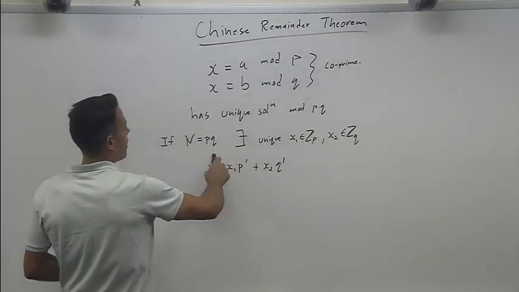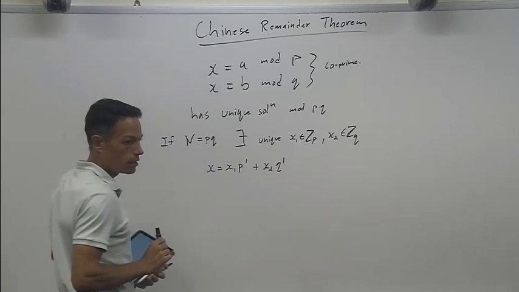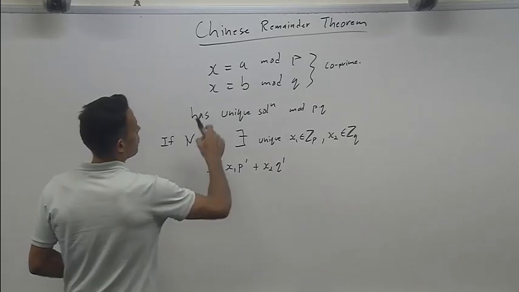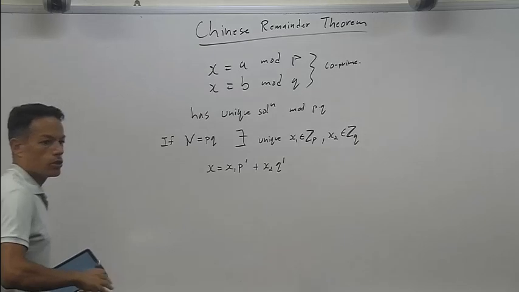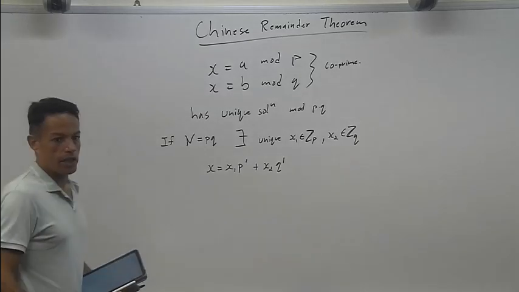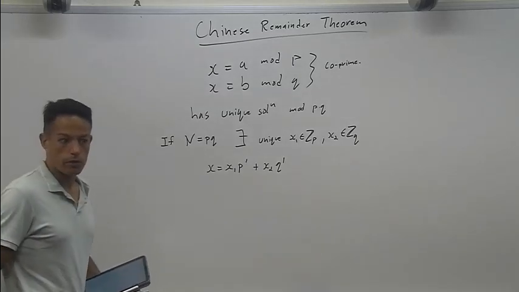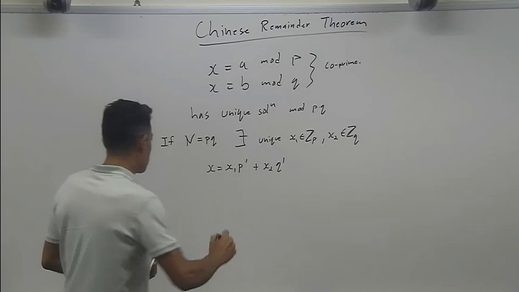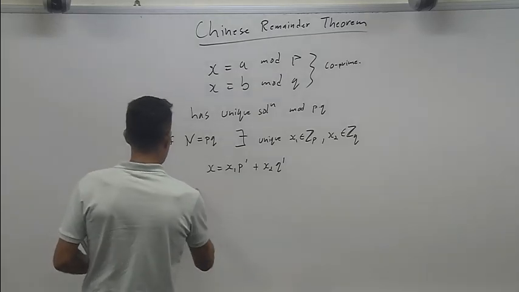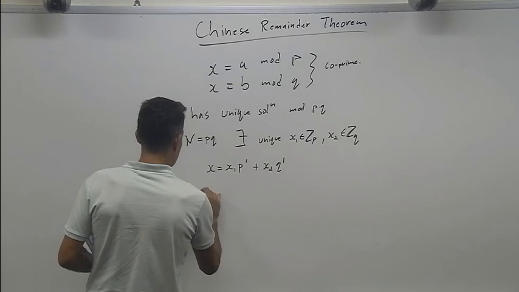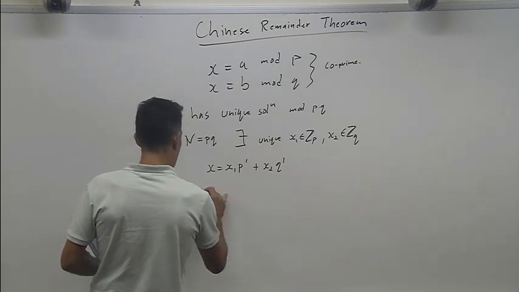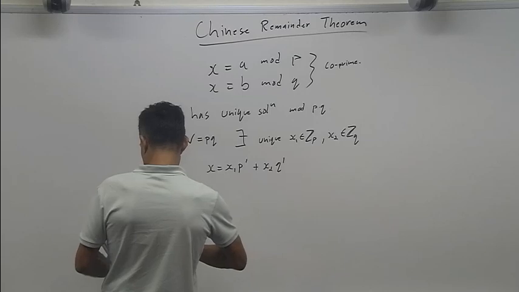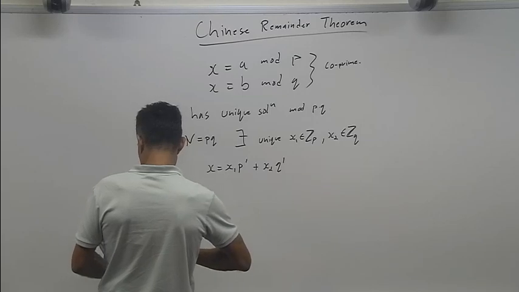We can go from, if we have some x in Zn, we can go to a value in P and a value in Q just by taking modulo P and Q. Very, very straightforward. And what that means is that we can go from, in general, if n is some prime power, this is, I'm skipping ahead in my slide a little bit.